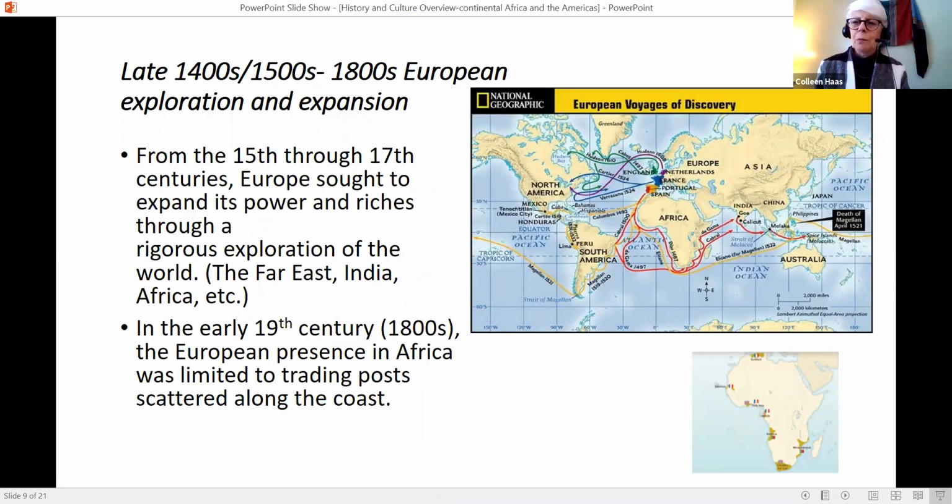And at this time, land could mean increased wealth and an increased political influence. And so they were looking for ways to expand their power and also to gain more wealth. So they set up a rigorous exploration plan. And that's why they refer to this as European exploration and expansion.